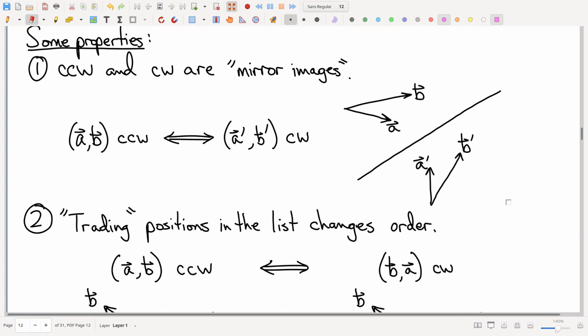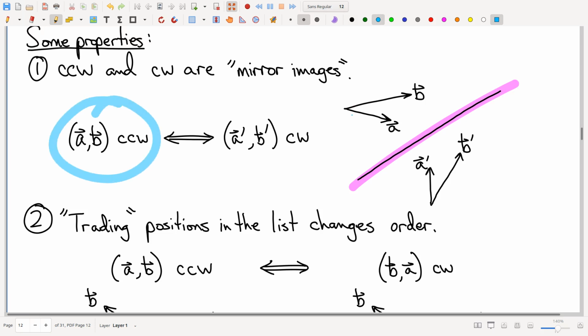Now, this idea of clockwise, counterclockwise has some really nice properties. They're pretty easy to persuade you of. If you reflect a counterclockwise list over a line, the reflected images will be clockwise. So reflecting switches the order, you might say. It's a pretty simple picture, I think.